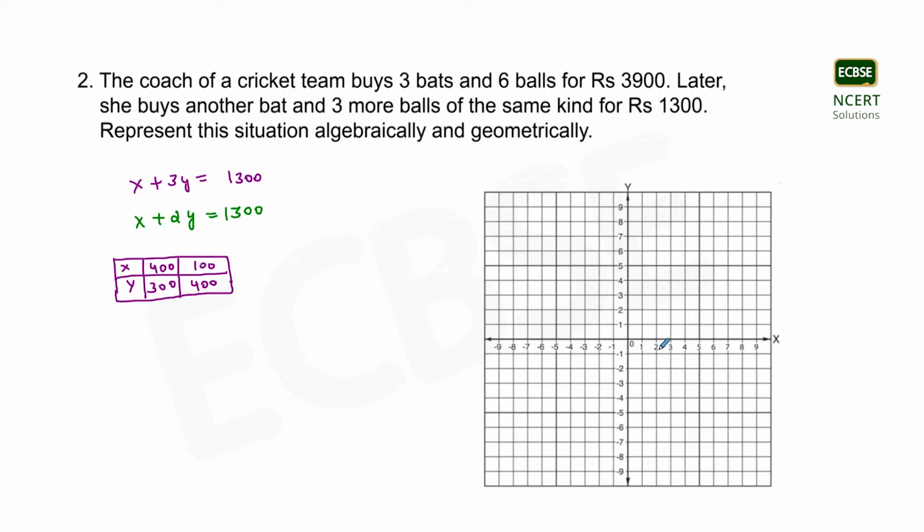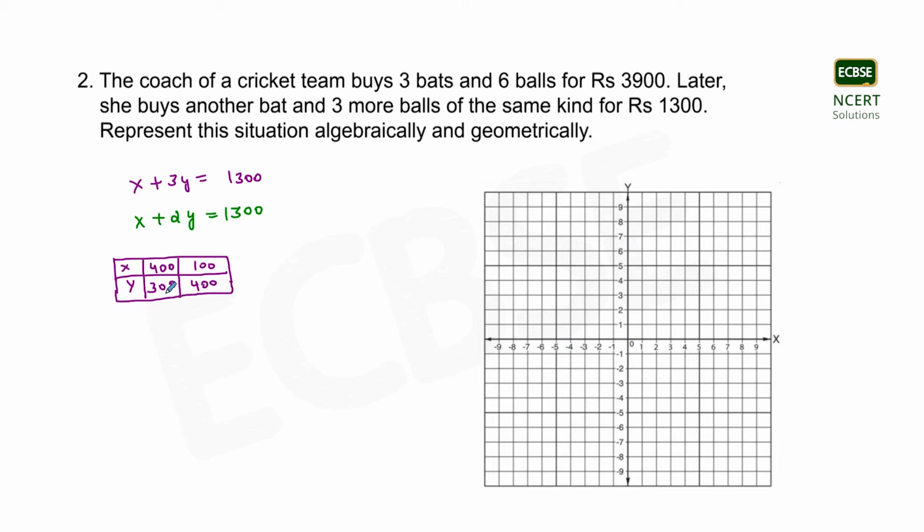So the point 2 means the value 200, that is 2 into 100, which comes out to be 200. The point 3 means 300 because the graph has been scaled by 100. And the point 6 means 600 and the point minus 5 means minus 500.